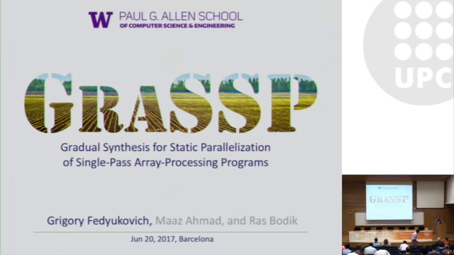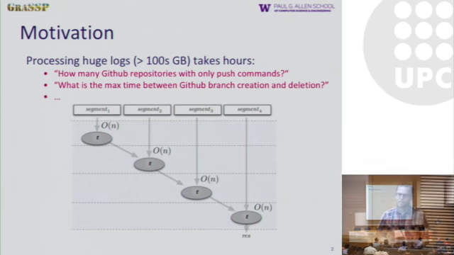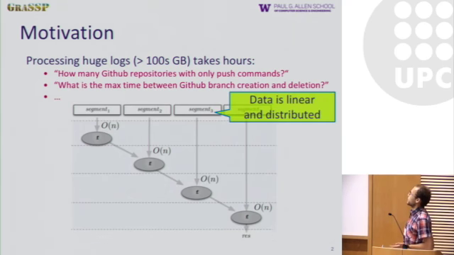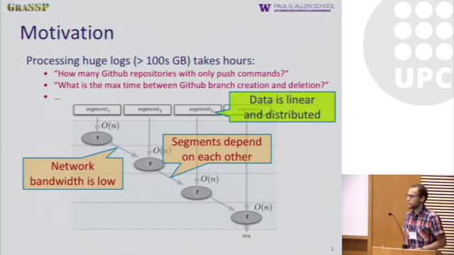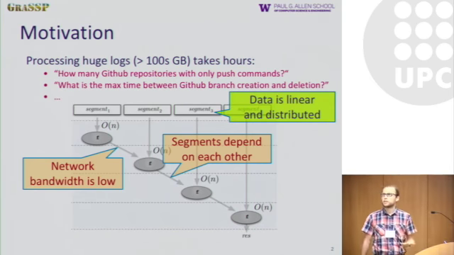It's hard to imagine a web-based application that doesn't write any log file. Big amounts of log files are needed for various types of data analytics functions that, for instance, can reveal safety and security bugs. The bottleneck is performance. The data is typically split physically and located on different nodes of the network, and given that network bandwidth is typically low and the segments could depend on each other, this requires the function to proceed linearly, looking at the first segment and the second until the end.